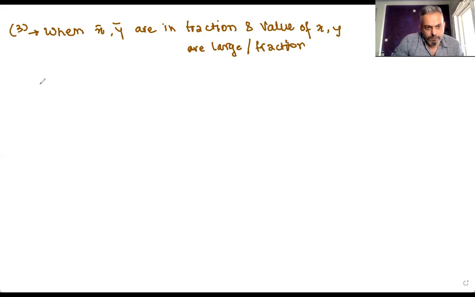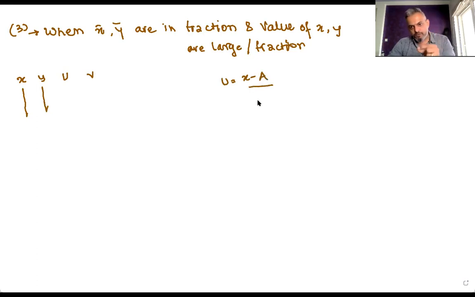Now, since values of x and y are big, what we do is we convert x into u and y into v. How do we do that? So u is equal to x minus a, where a is assumed mean. Now I have seen that students don't select proper assumed mean, and because of that they make calculation mistakes, because assumed mean is generally to be taken a number which is nearer to mean.